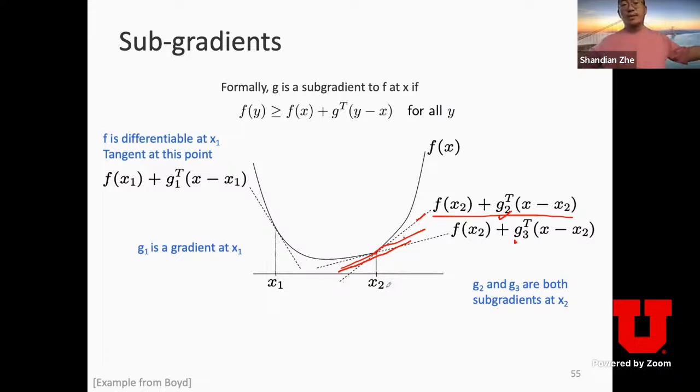But we still want to update the model at x2, so you can take the subgradient. Subgradient means that if you can draw a line which passes through x2 and f of x2 but stays below the entire function body, like this line and this line, then the slope of this line is called a subgradient. You can use the subgradient to minimize the function.